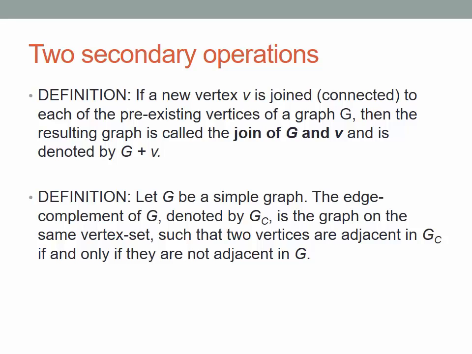Another secondary operation is determining the complement of a graph. The edge complement of a graph is the graph using the same vertex set, but then 2 vertices are adjacent in the complement if and only if they're not adjacent in the original graph.